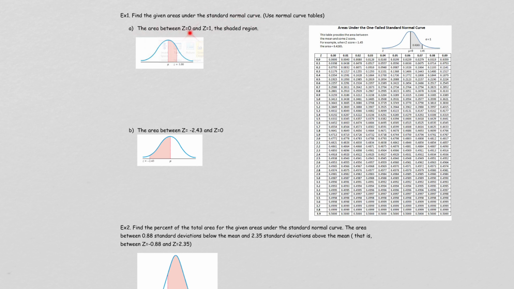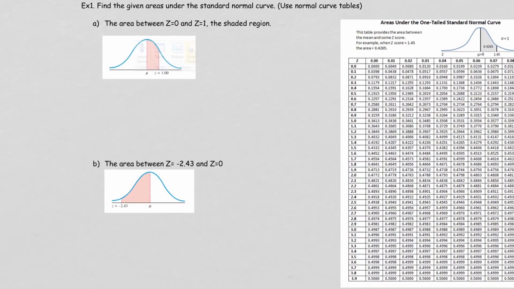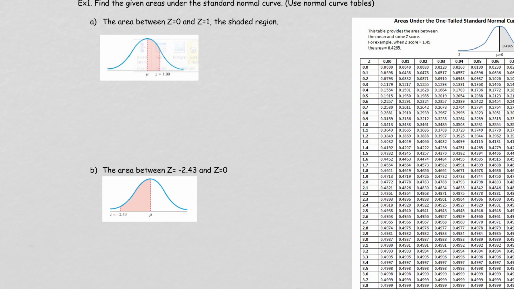The area between z equals 0 and z equals 1. So let me enlarge the graph a little bit. When it says z equals 0, it means it starts from the mean to z equals 1. So they want you to find the area between these two, right? How do we find the area between these two?